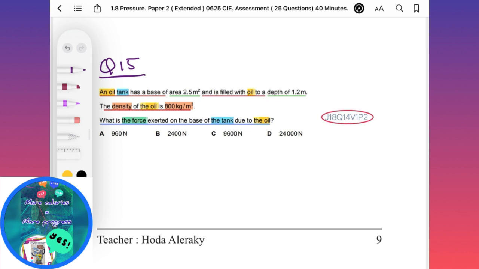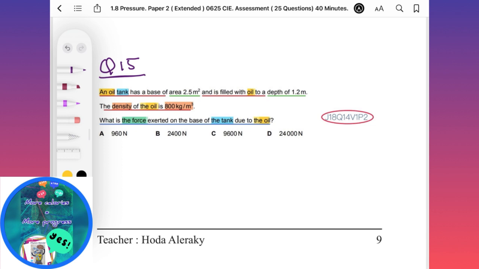Here we have liquid, but we are asking you about force, so we have to substitute first using the equation.